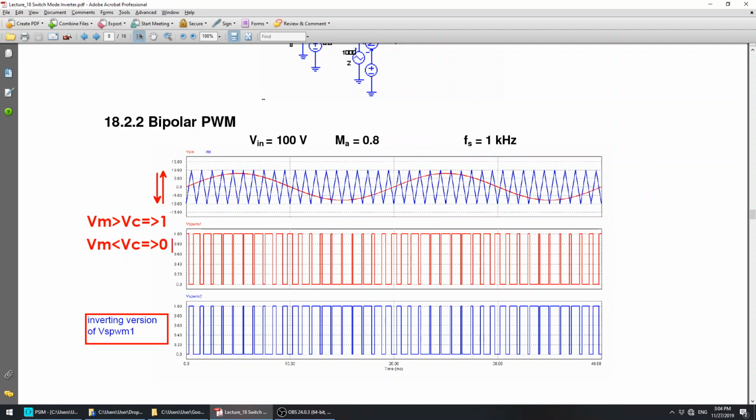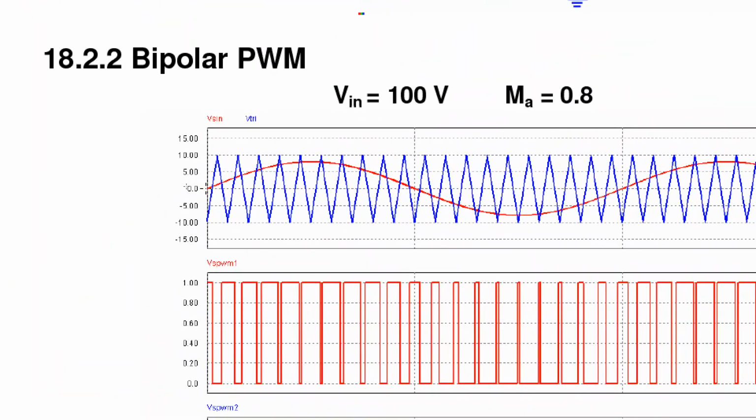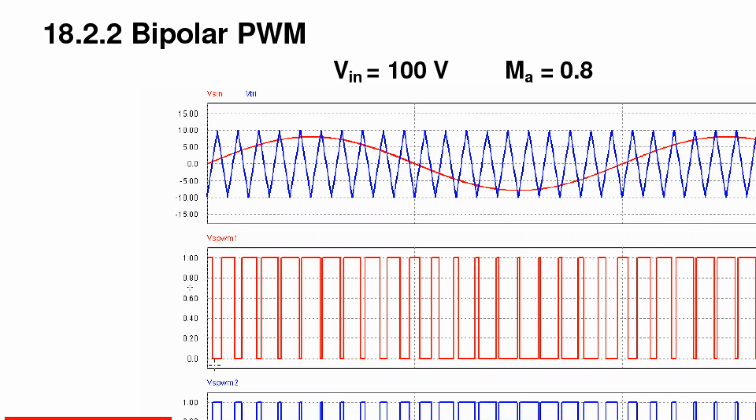So in this case, if you look closely, let's zoom in. During that window, you can see that Vm is greater than Vc. So from 0 degrees to that particular angle, we have the output of 1. Whenever Vm is lower than Vc, you will produce a 0 PWM.